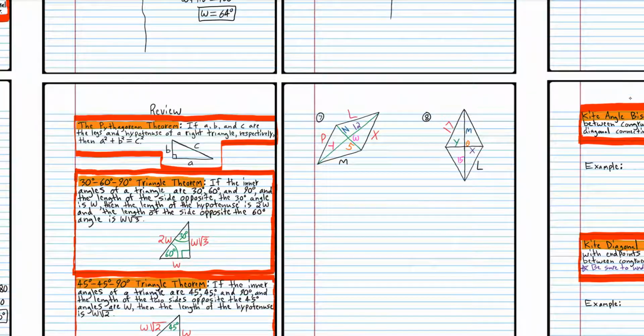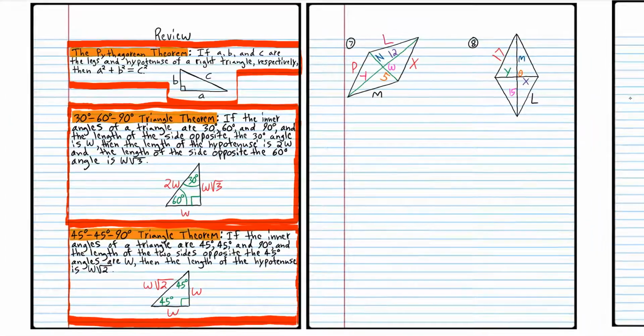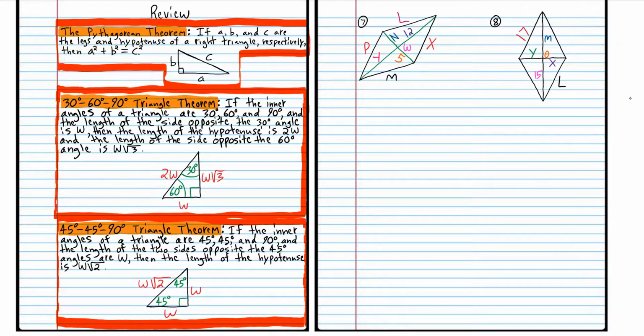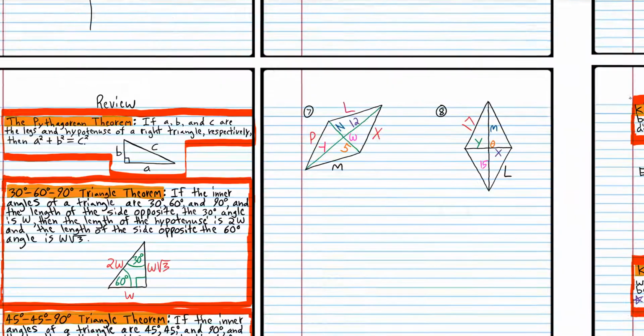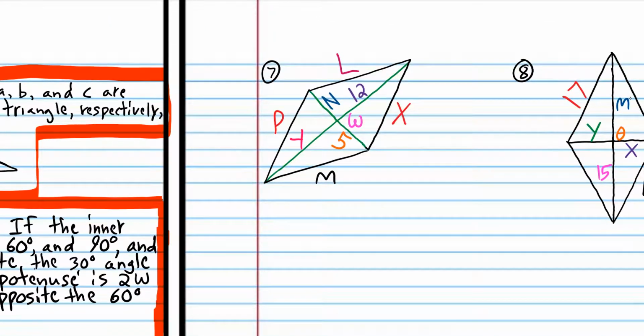So now we're going to do a couple more rhombi problems, but before we do those, we have to take a screenshot of this review material. We need the Pythagorean theorem, and we need the special triangle theorems. So I'm going to do this first one. Now, rhombi are divided up into 4 congruent right triangles.